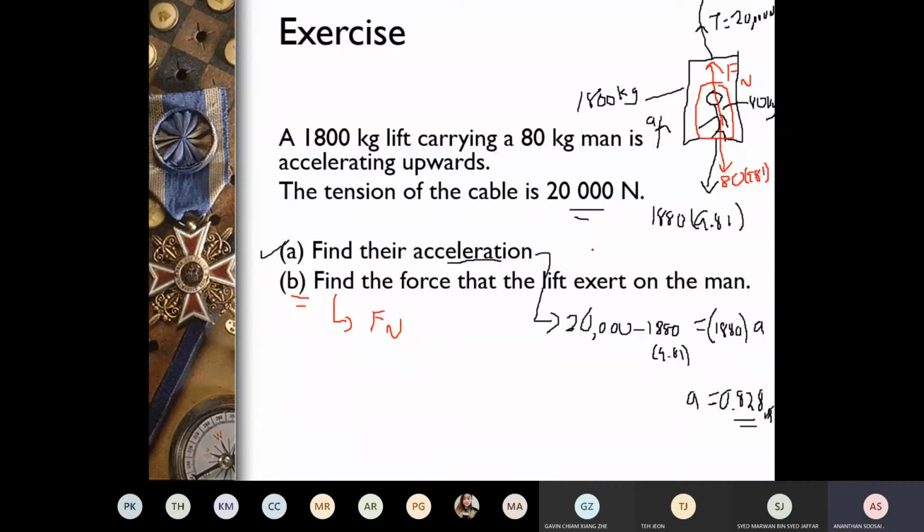So those who realize they're looking for normal reaction is good. Which system do you consider now? You take the system of the person alone. If you take the person alone, you can find the normal reaction. The person is standing inside the lift. The forces acting on the person are the normal force acting up, and the weight mg acting down.